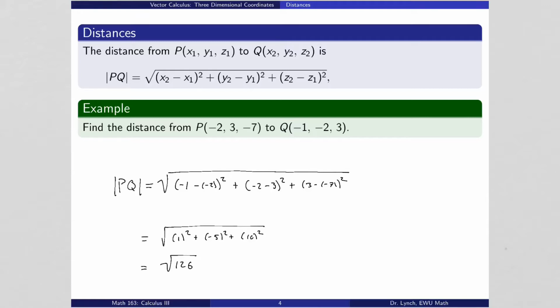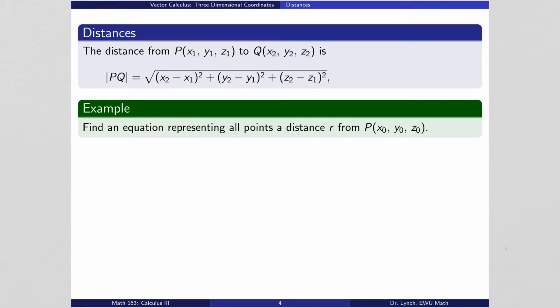Okay, a second thing that the distance formula can be used for in three-dimensional space is to talk about the set of all points that are a fixed distance r from some given point, x naught, y naught, z naught.